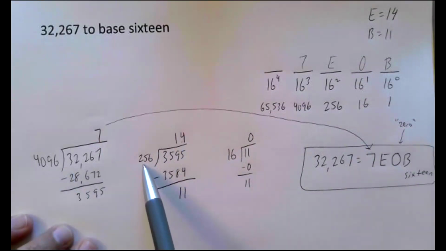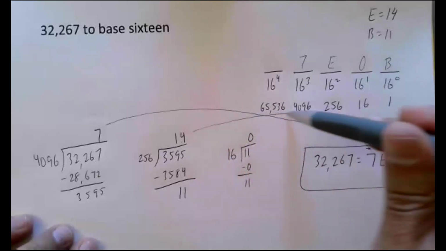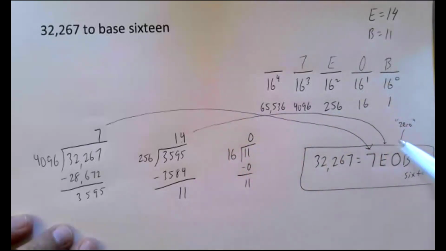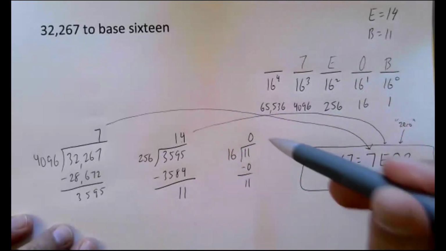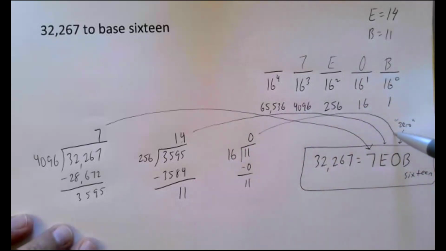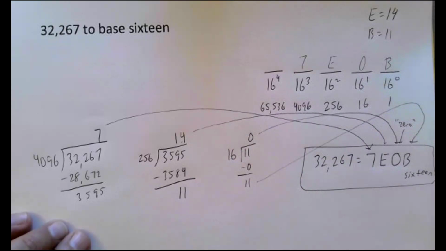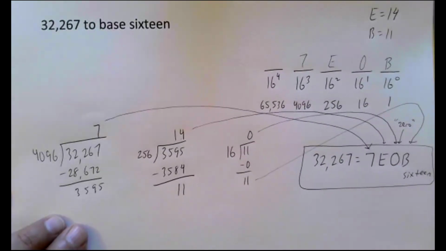A 14 or an E actually went in the 256 position. A 0 went in the 16s position. And finally, an 11 went in the ones position, but we actually wrote it as B instead of 11. So that's my final answer right there.